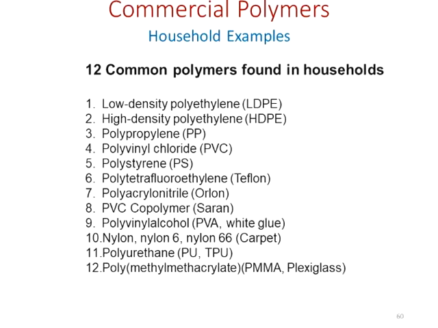Then you have the polyurethane families of materials, and then you have things like PMMA, which is plexiglass, methyl methacrylate. So these are acrylate polymers that have been polymerized. So these are the 12 common ones, and as you go through the rest of this particular course, you'll be more familiar with where they are. So I encourage you to actually look around your home, and you'll see examples of each of these.